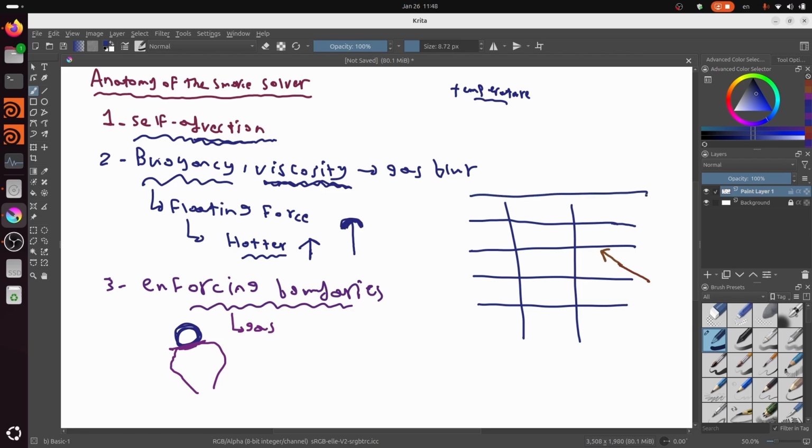But what if this was the boundary of our field, and at this voxel, for example, when we get back in time, we reach a point here outside the boundaries of our field.